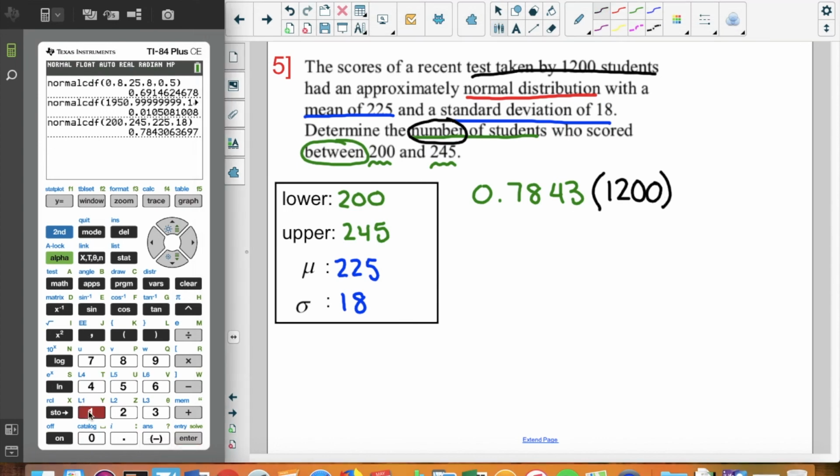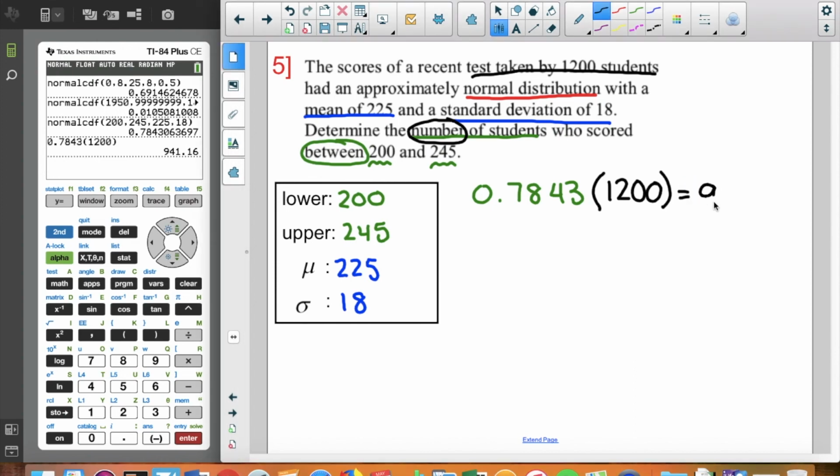So let's multiply it. Sorry, I did it the wrong way. So 0.7843 times 1,200. And this is what we get. So when you multiply it, you get 941.16. So that means that 941.16 people scored between 200 and 245, right?